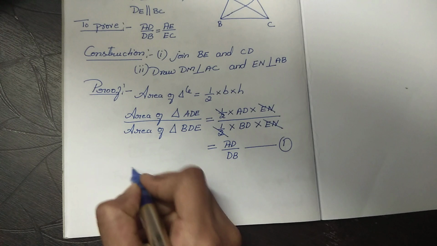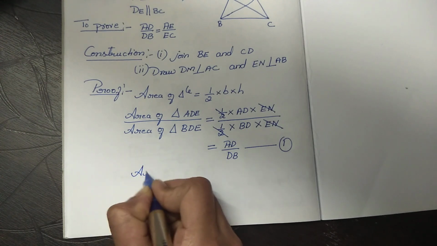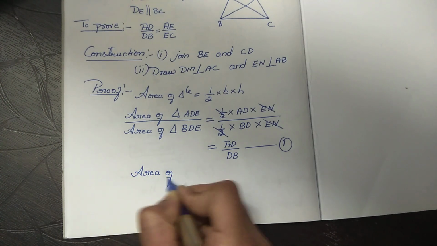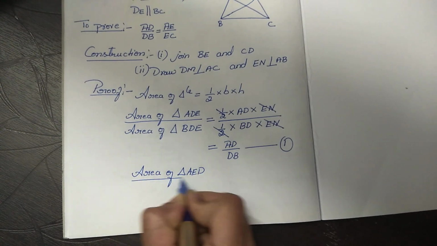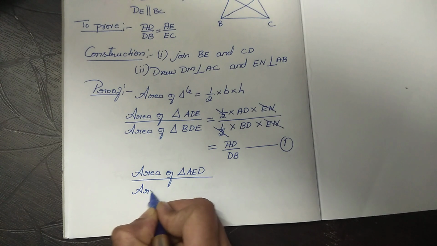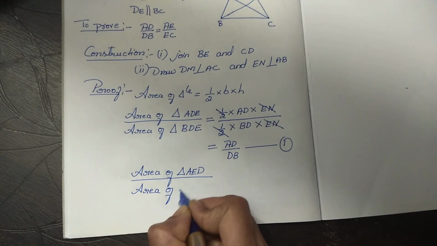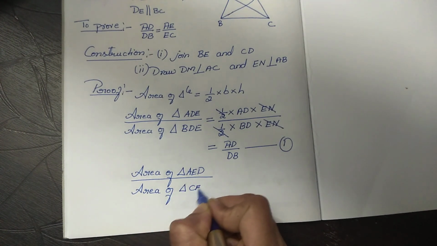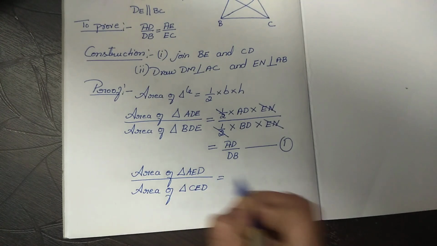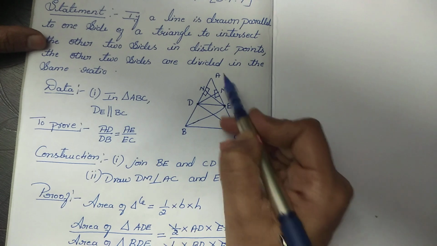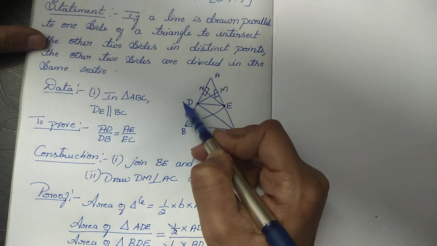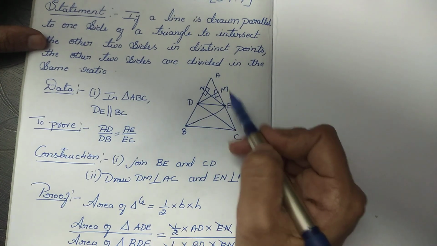Similarly, you do for the next triangle: area of triangle AED divided by area of triangle CED. Here area of triangle ADE is also equal to area of triangle AED; either you can take ADE or AED, both are same.